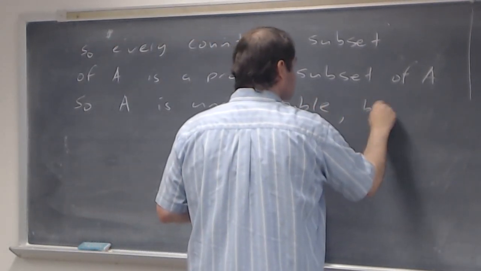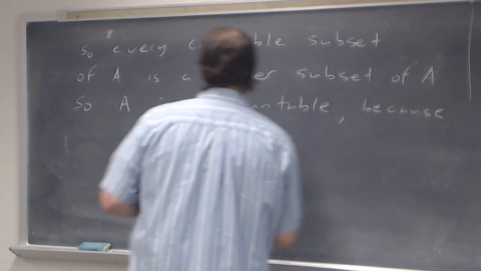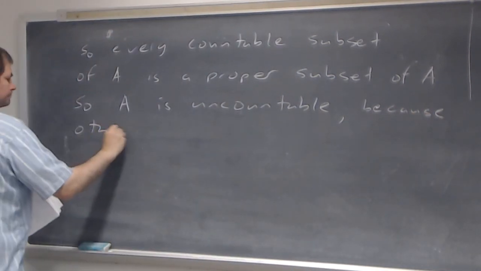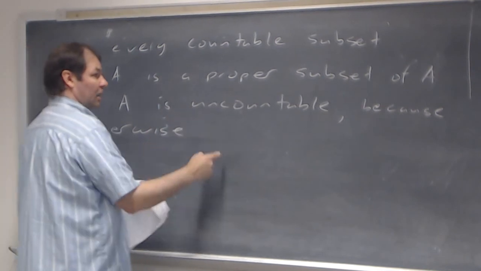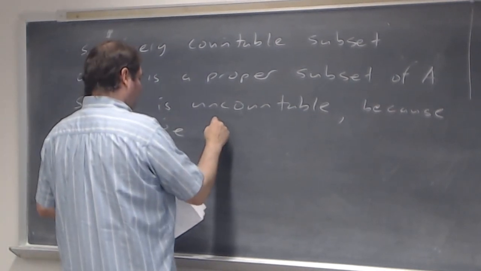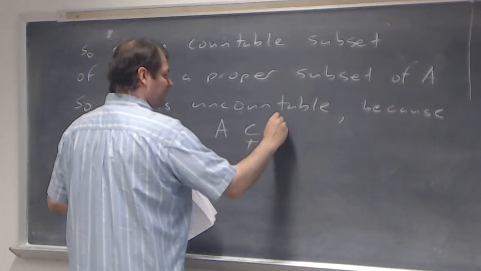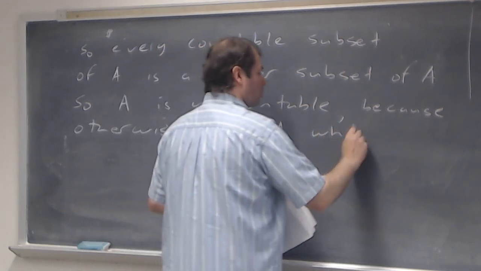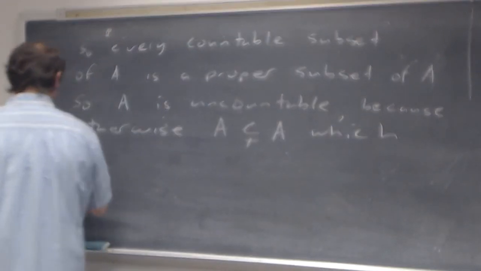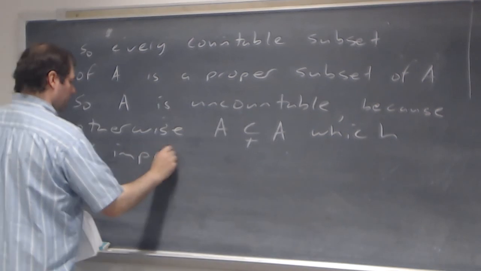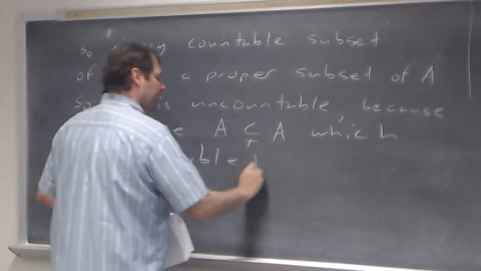Because otherwise, if it were countable, A would be a proper subset of itself, which is impossible. That's the proof.